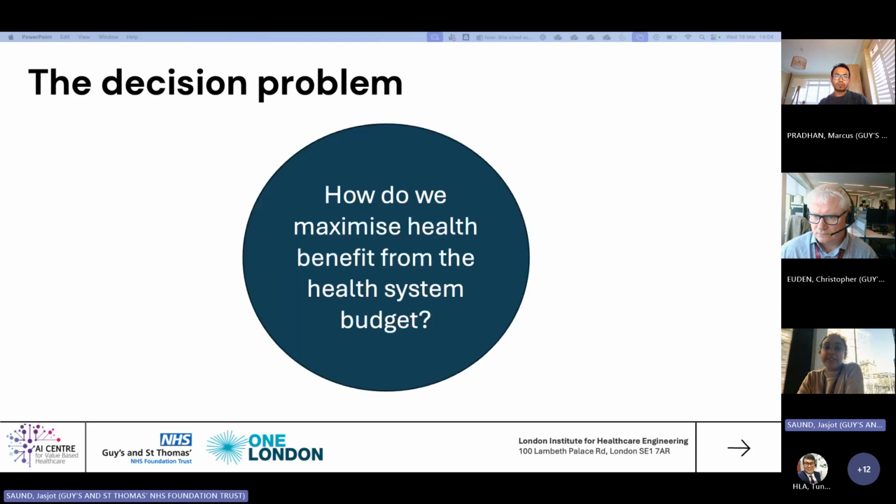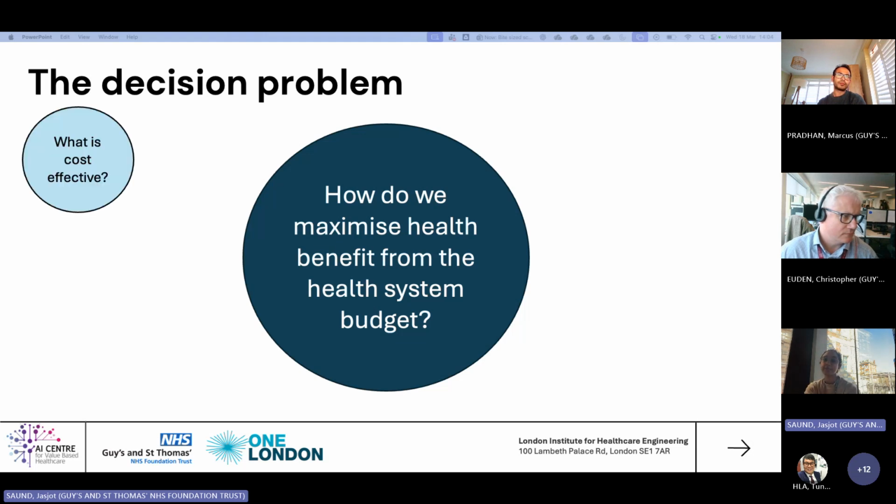Ultimately, this leaves us with a decision problem: how do we maximize the health benefit from the health system budget? We've got a finite set of resources, a finite budget, and how do we decide which interventions are best value for money, are cost effective?